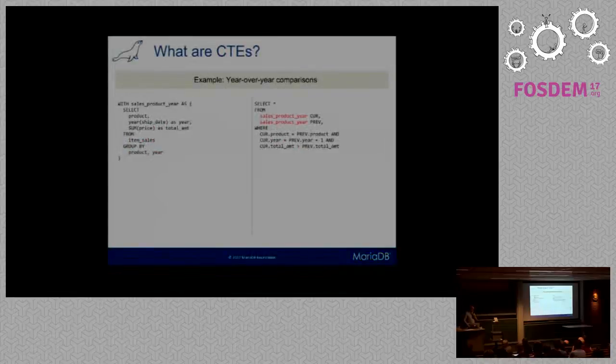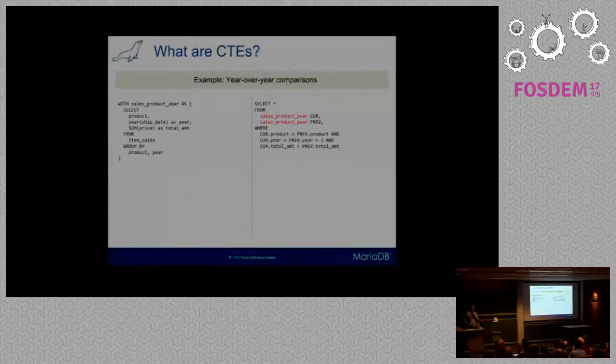So one use case example is, say you are part of the sales division and you want to see which products have performed better this year as opposed to last year. We can do this by defining first a table expression with all the products and all the sales for that product, grouped by year, obviously.